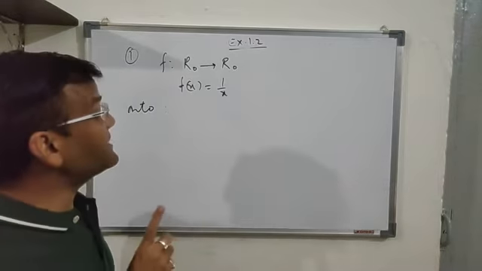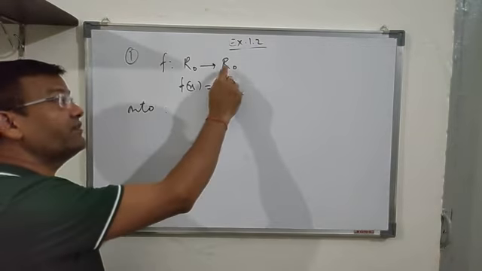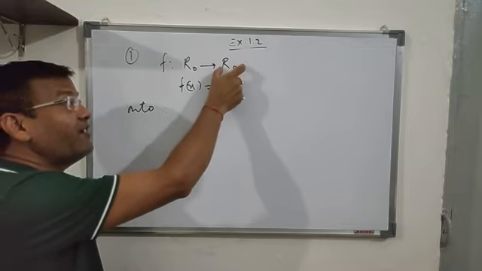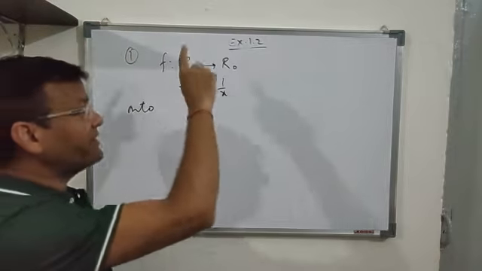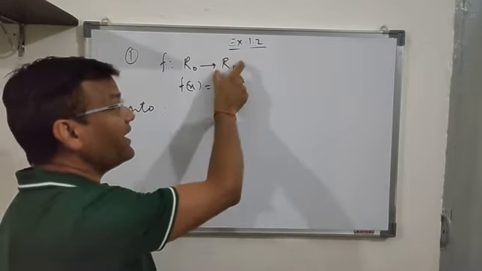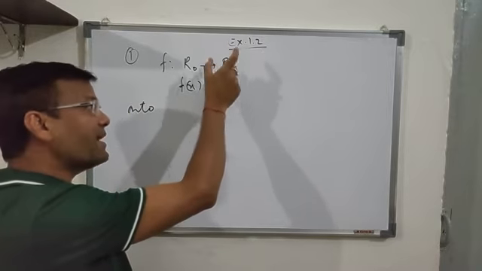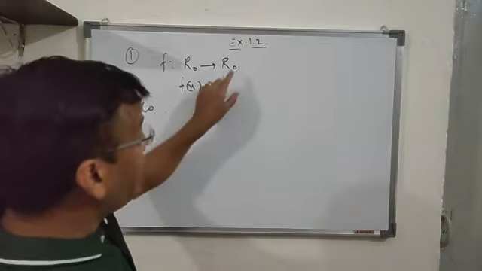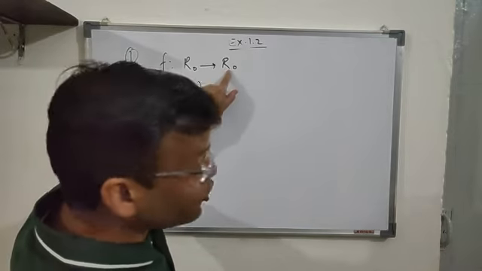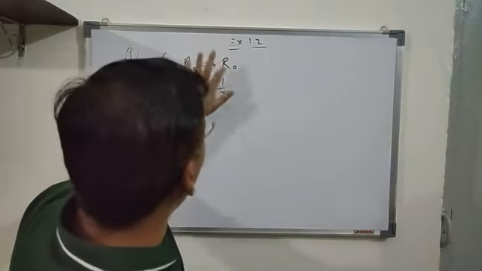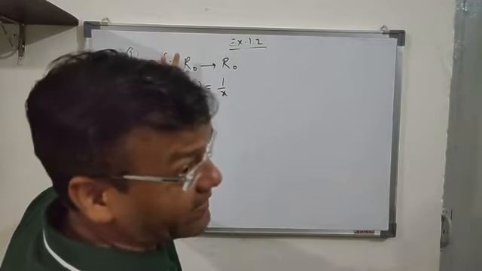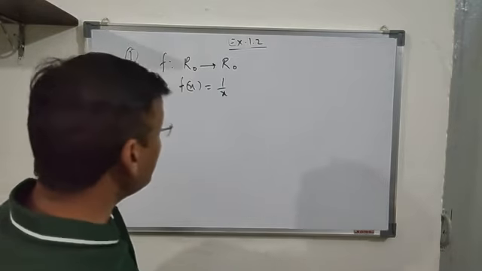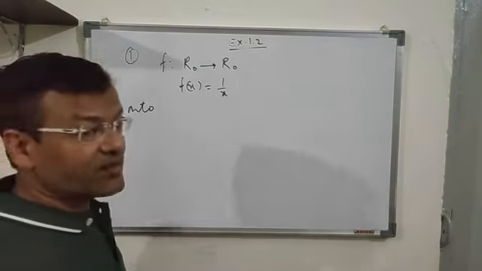The definition says that every element of the codomain, because I was taking the set A and the set B, must be the image of some element of the domain. That means every element of the codomain must be associated to some element of the set A, that is set R0. So in this case, how are we going to prove the function is onto?